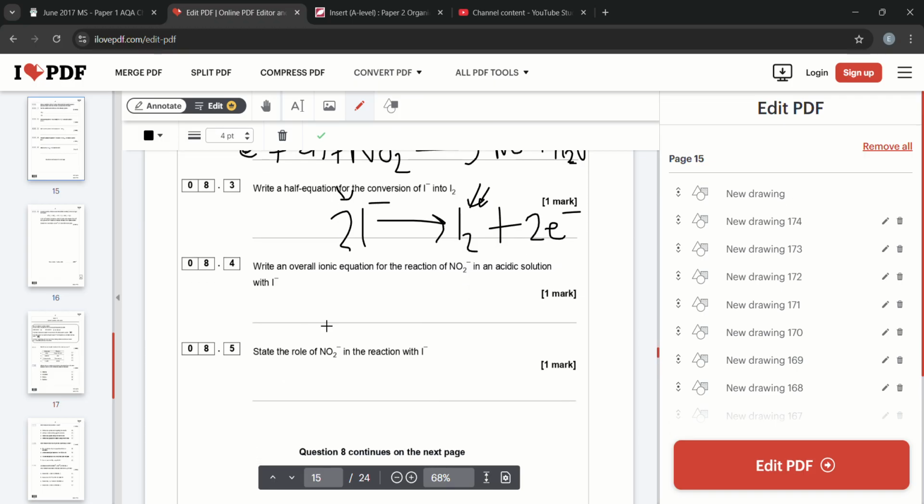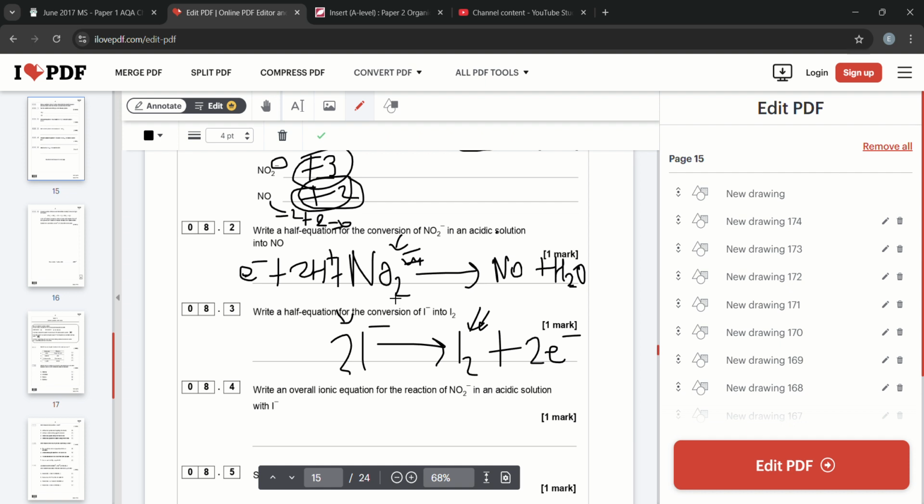Then it says write an overall equation for the reaction of NO2 minus in an acidic solution with I minus. For this, we have to couple the 2 previous equations together, 8.2 and 8.3. What we notice is that we have 1 electron here and 2 electrons here.